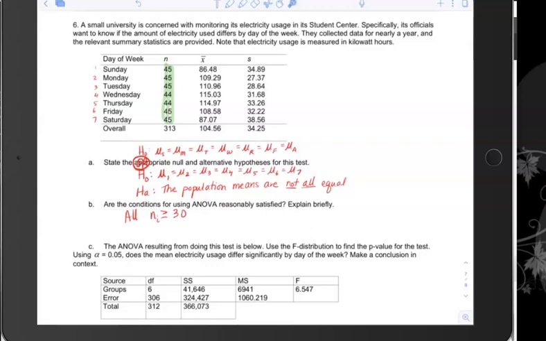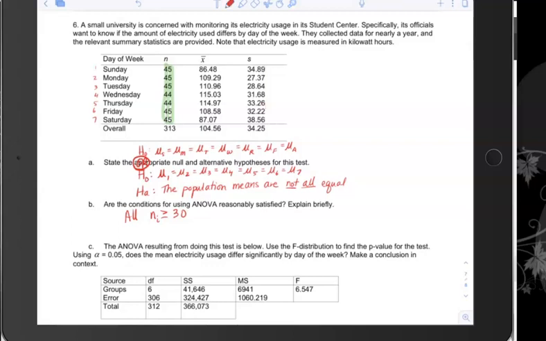And then remember, we need all of the standard deviations to be similar. So we have a problem if any one of these is about twice any one of the others. But do you see a situation where that has happened at all?